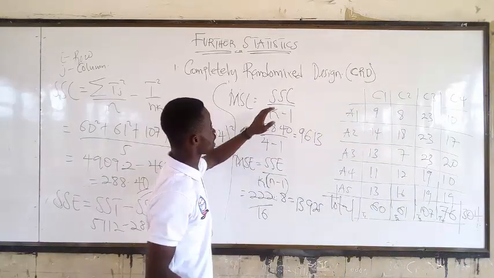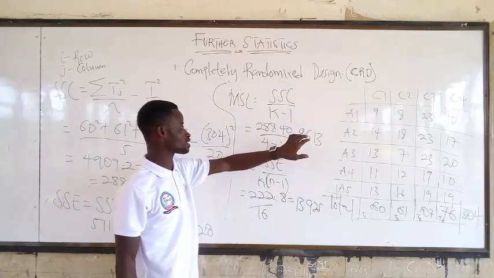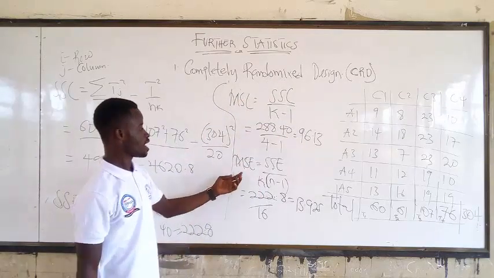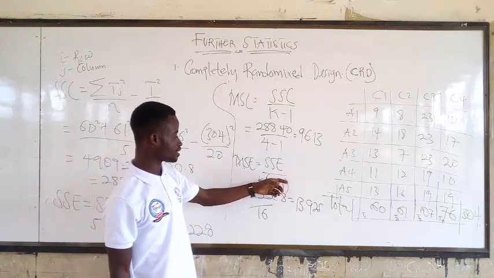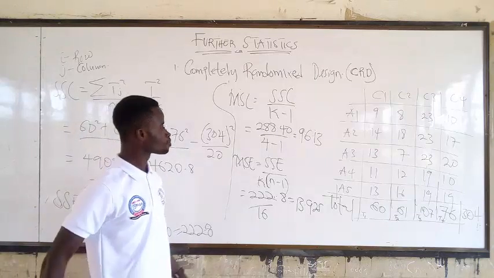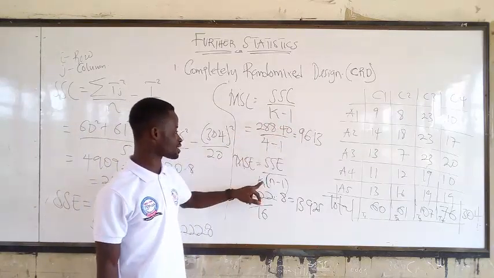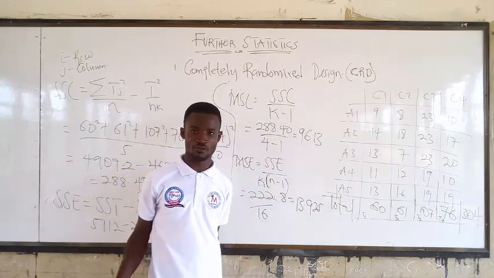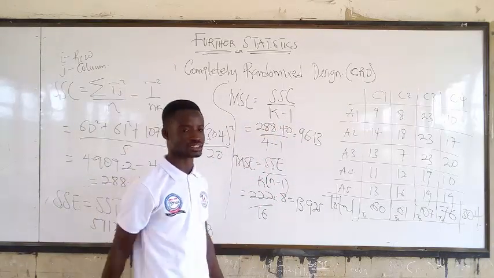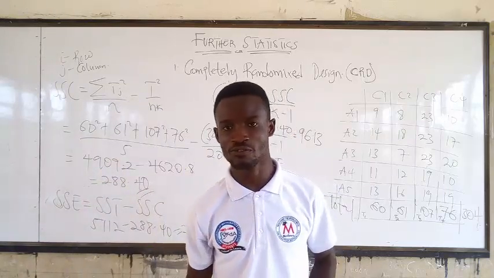So we know the sum of square C to be this. This is 4, that gives you that, and computing gives you this. Alright. So what we have here is the degree of freedom. Don't forget that.